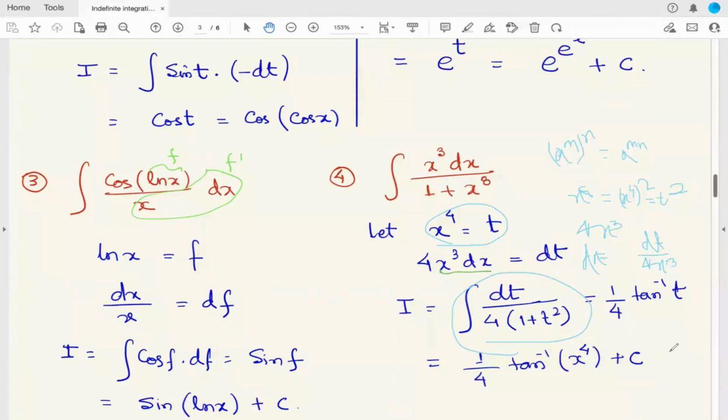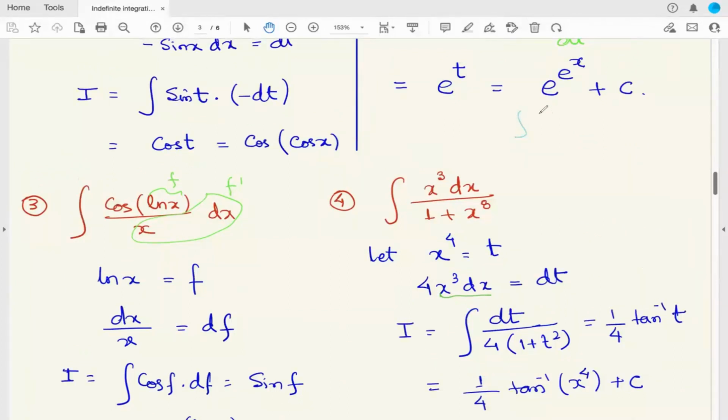Let me write some more basic formulas of integration of inverse functions. The integration of dx by 1 plus x square is equal to tan inverse of x plus some constant. You have to actually remember all these basics.